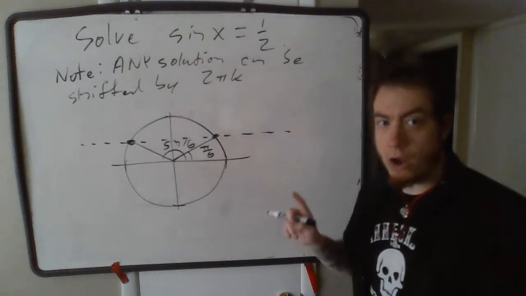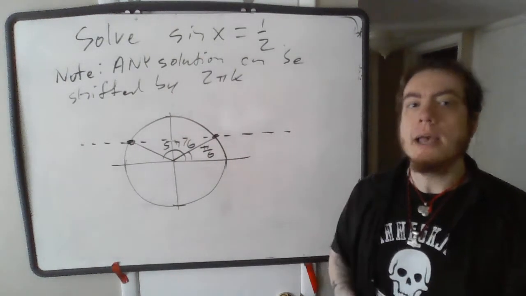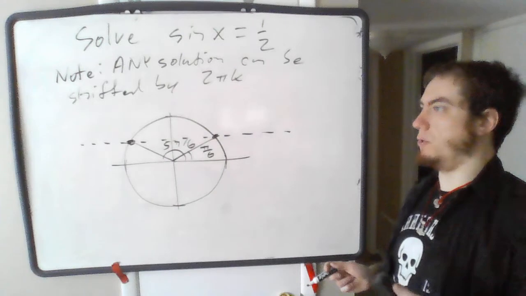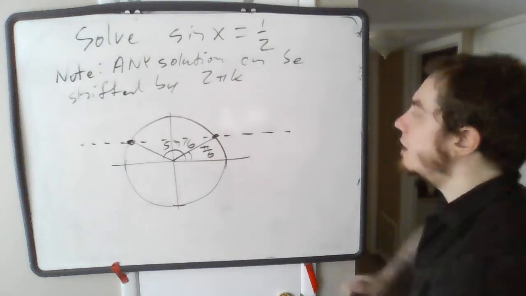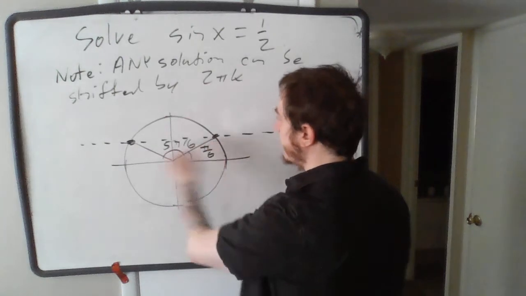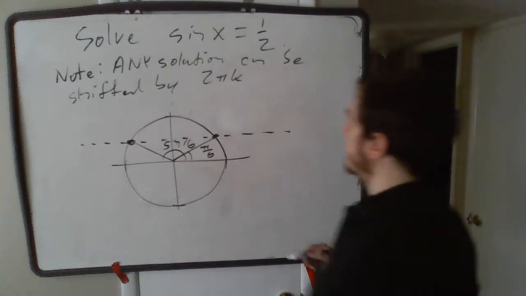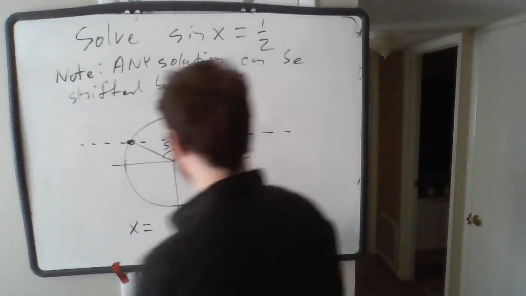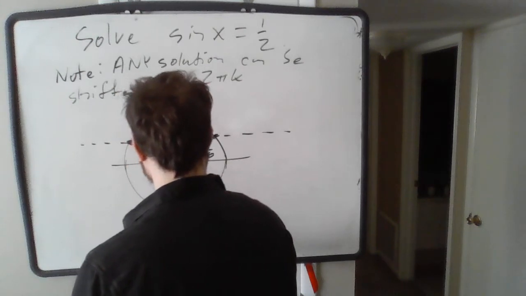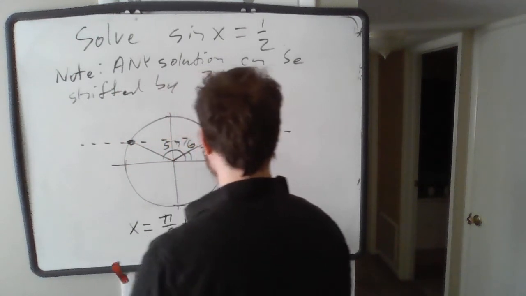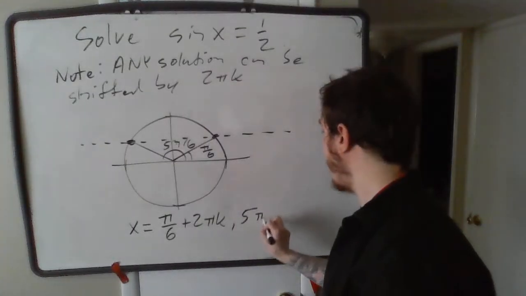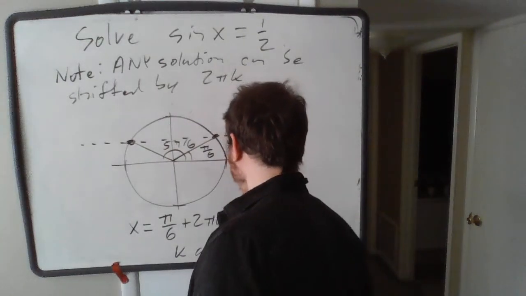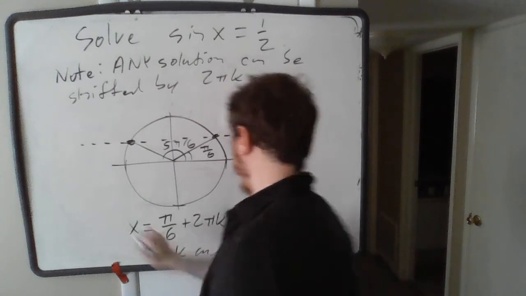So our answer to this is going to be kind of long, and it looks complicated, but it's not as complicated as it looks at first glance. It's actually just saying it's all of the angles that have these properties. So the solution is that x needs to equal pi over 6 plus 2 pi k, or it could be 5 pi over 6 plus 2 pi k, where k is any integer.